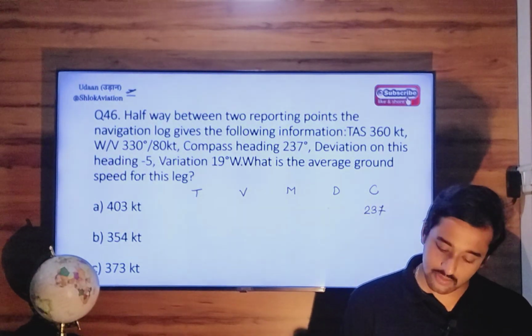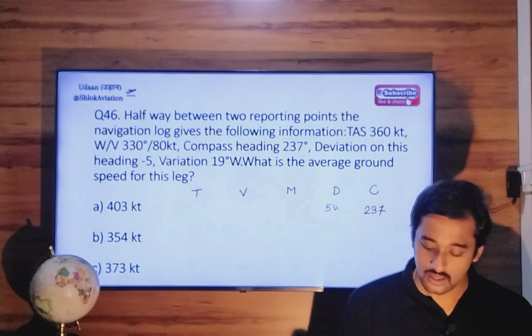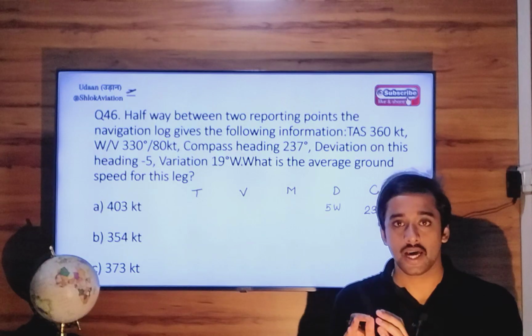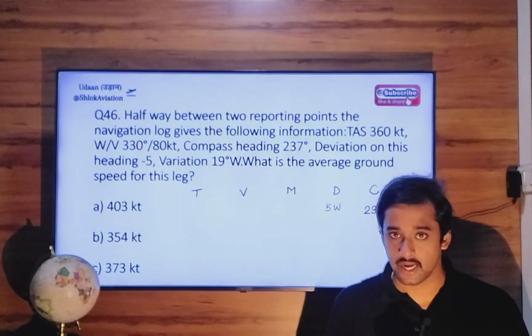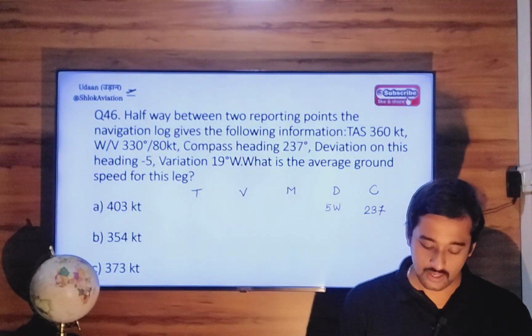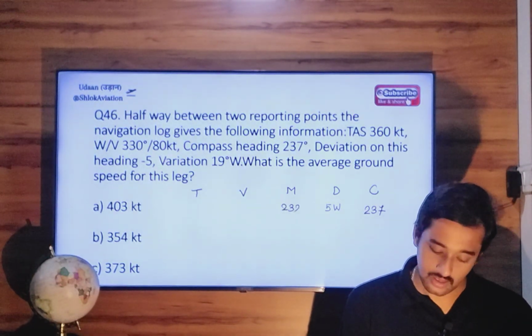Deviation given is -5, which is 5 degrees west. So when deviation is west, compass is best, compass direction is going to be more than magnetic direction. So magnetic will be less than compass by 5. So 237 minus 5 is 232.